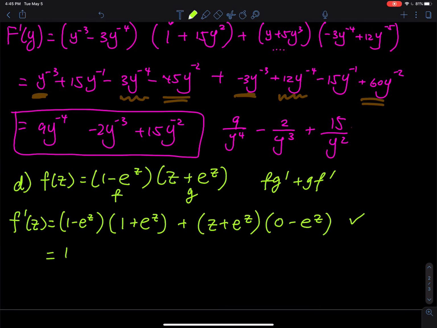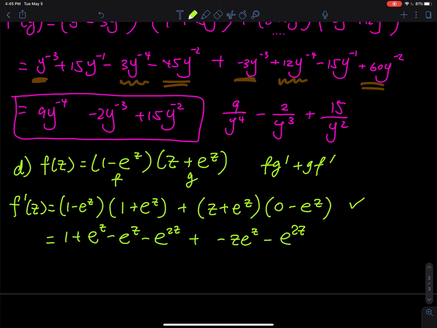So 1 plus e to the z minus e to the z minus e to the z times e to the z. z plus z is 2z, and then plus z times negative e to the z. So that is minus z e to the z. And then e to the z times itself is e to the 2z.